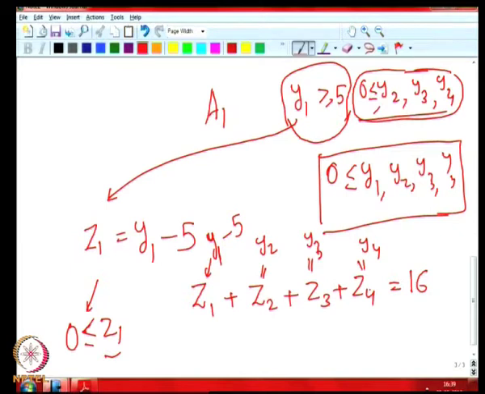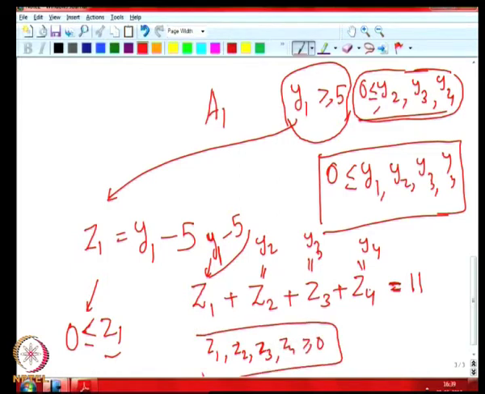Now the only thing is that here it won't be 16. Why? Because when you get a solution of y1 plus y2 plus y3 plus y4 which adds up to 16, and we are putting a minus 5 here, it has to be 16 minus 5, which is 11. These are the conditions now: Z1, Z2, Z3, Z4 all have to be greater than or equal to 0.